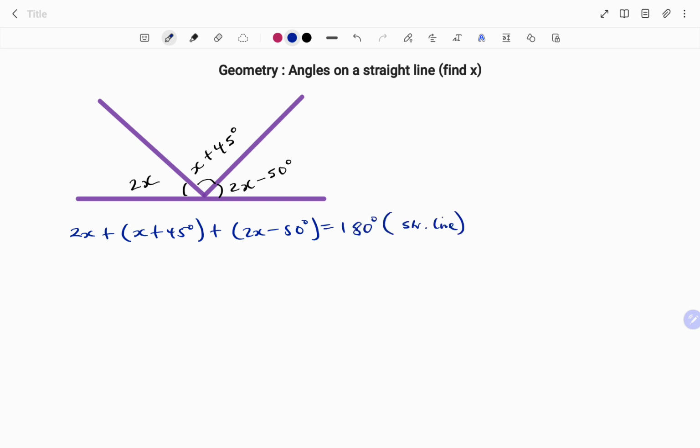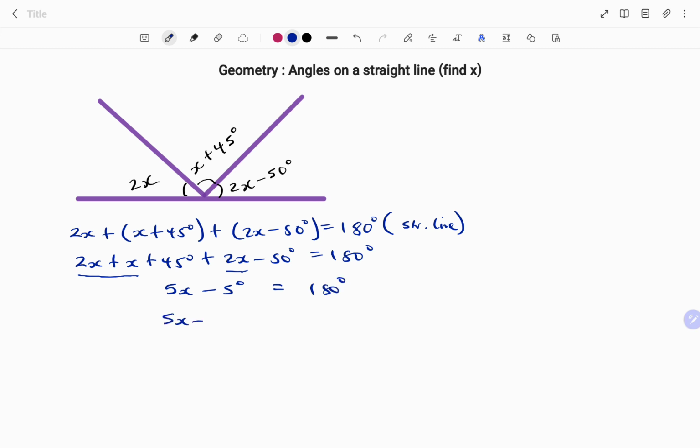If I open up the brackets, I have 2x plus x plus 45 plus 2x minus 50 equals 180 degrees. I'm going to collect the like terms. I have 2x plus x and then plus 2x. That will give me 5x, 45 minus 50, which is minus 5, equals 180 degrees.